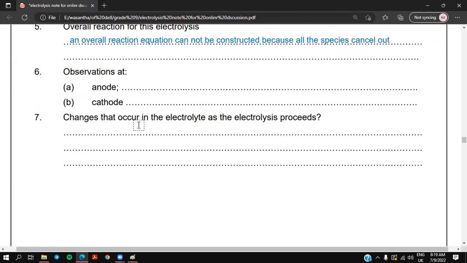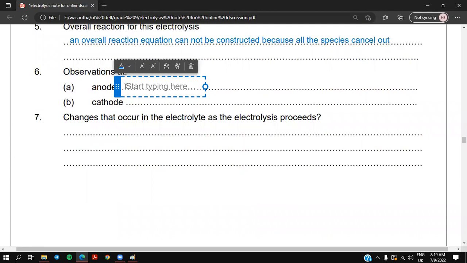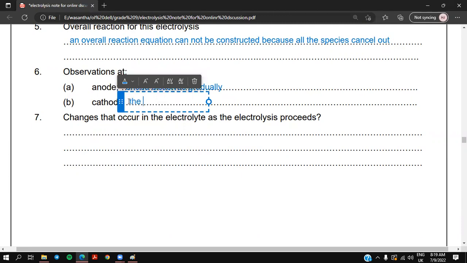Observation at anode: anode dissolves gradually. The mass of the cathode increases gradually.